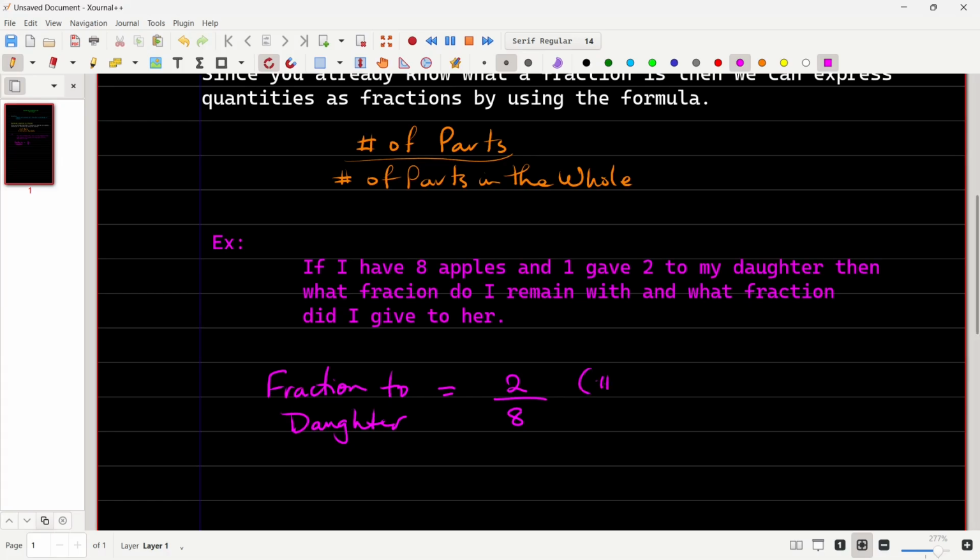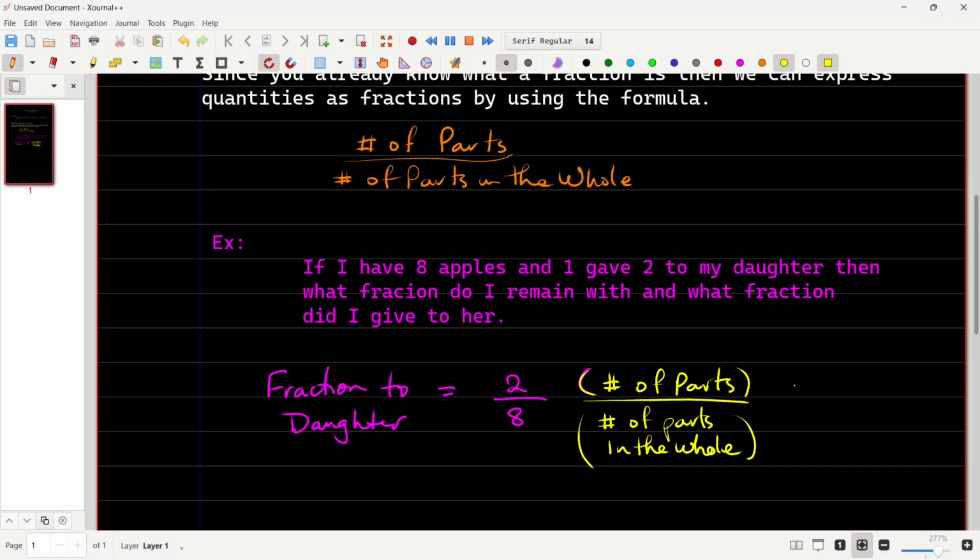So the number of parts that I gave to my daughter divided by the number of parts in the whole. Right? That's what I did. And after I do that, I just simply reduce. So 2 into 2, 1, 2 into this, 4, so I get a quarter. And that's the fraction I gave to my daughter.